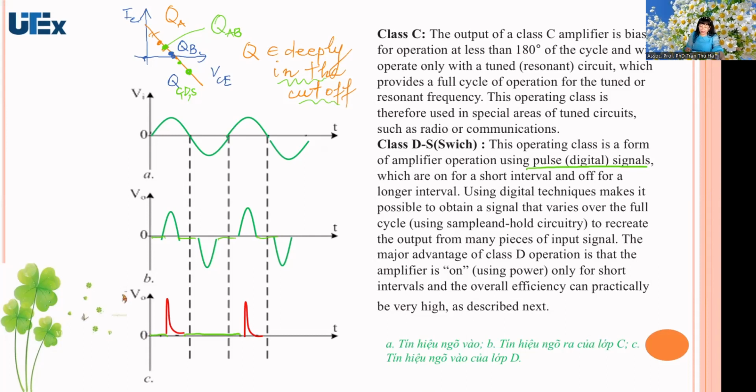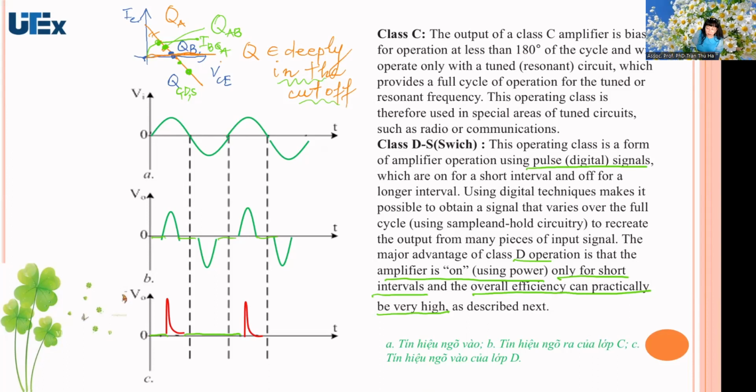And the class B form operation, the amplifier uses power only for a short interval and overall efficiency can practically be very high. You can see in QA we have to pay a lot of biasing DC energy because we have this IBQA, right? QA, this is class A. And DC energy for class B is very low, right?